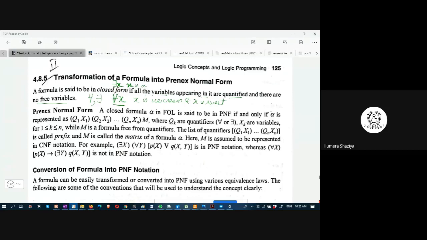Let us take the example of chocolate. x is a chocolate, and there exists an x which is not sweet.